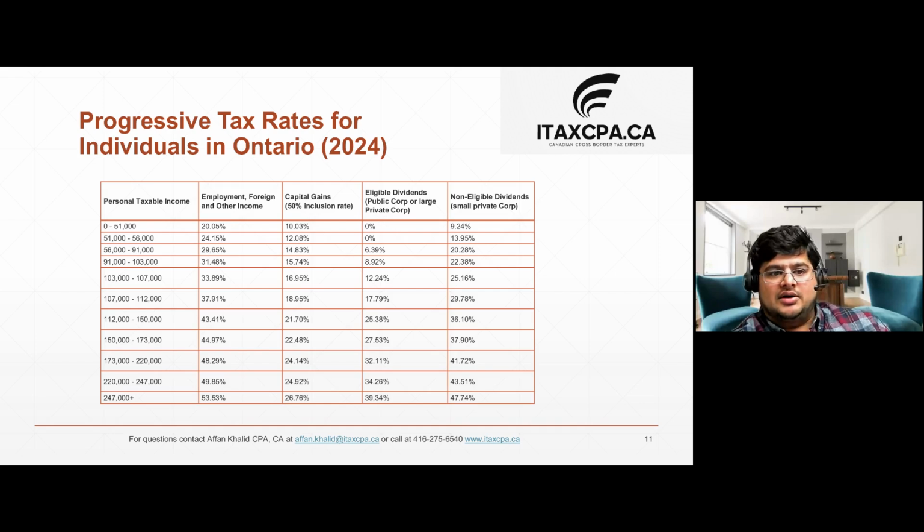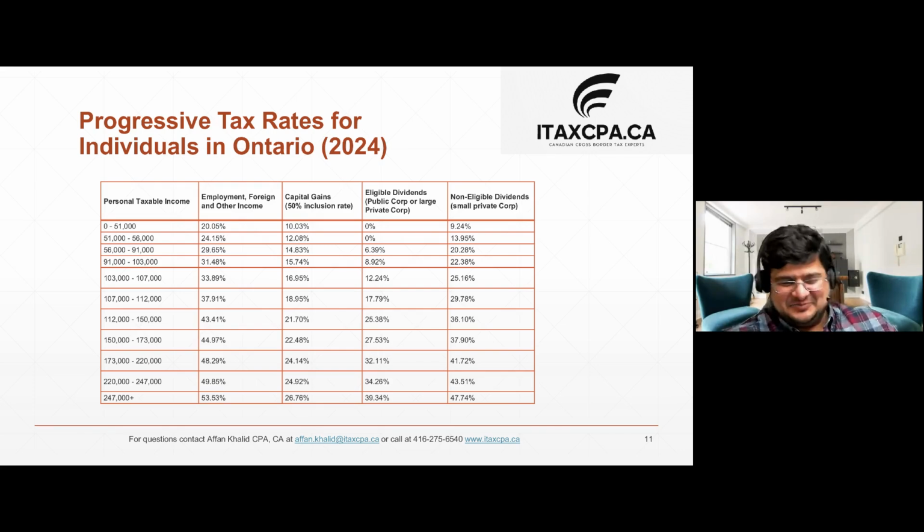Whereas if you are earning dividends from small private corporations, because these companies are only paying 11, 12% corporate tax rate, these dividends are subject to tax at a higher rate, meaning you don't get a higher dividend tax credit. Now, as far as I know and from discussions with my colleagues in the US, these brackets are too small, and the tax rate increases at a much faster rate compared to the US.